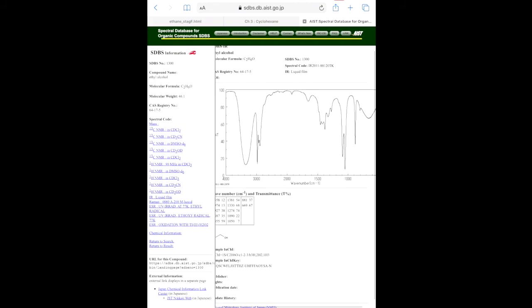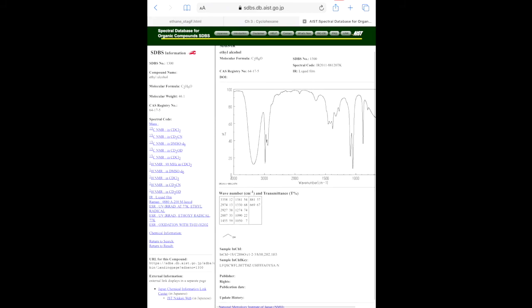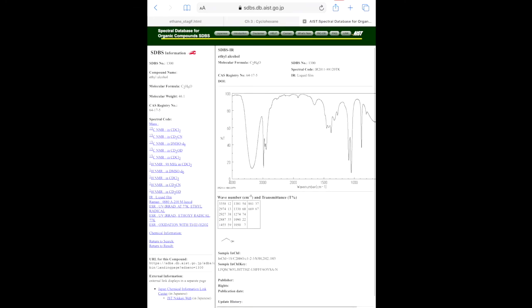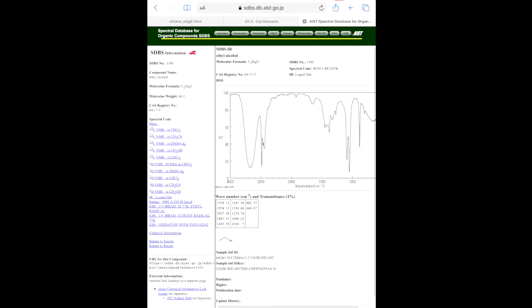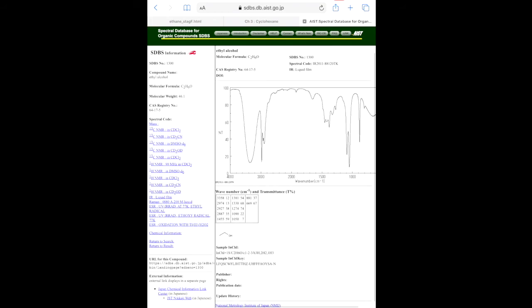All right. So this is an IR spectrum. As you can see, the x-axis is ranging from 4,000 all the way to 500, 400. And then on the y-axis, we actually have something called transmittance, and this is basically the light that makes its way through to the detector.